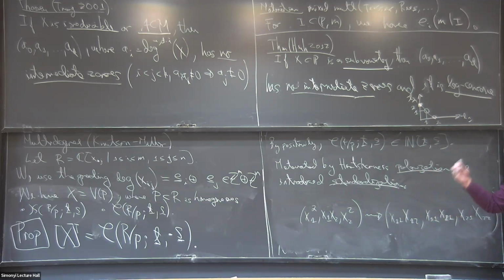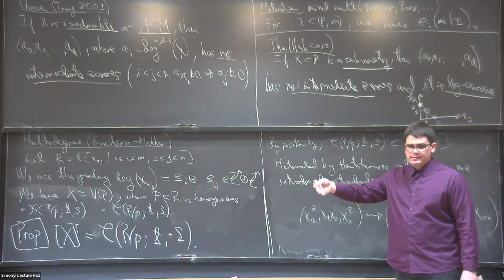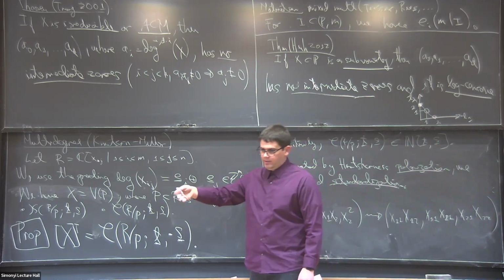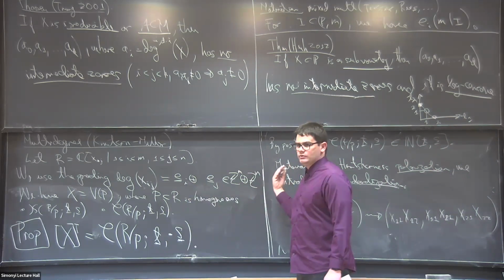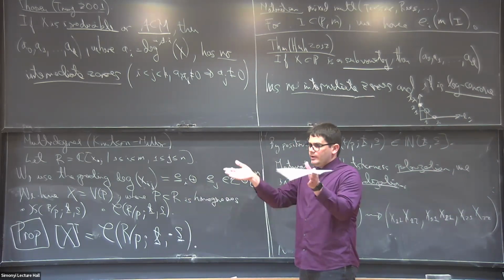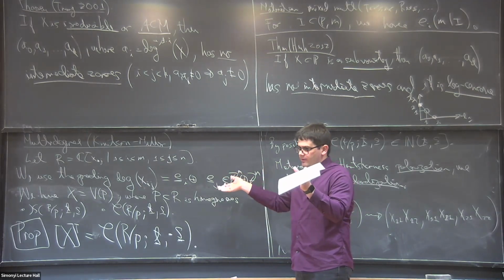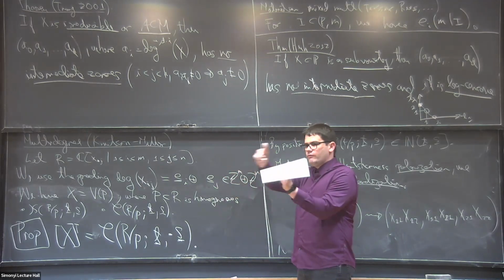And one of the main tools in the proof of the connectedness of the Hilbert scheme: you get an ideal, you go to a Borel fixed ideal, so this is a monomial ideal. Then in those monomial ideals, he performed this polarization process and gets a square-free monomial ideal, which is just an intersection of variables.